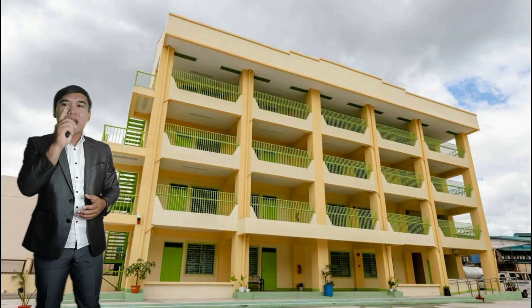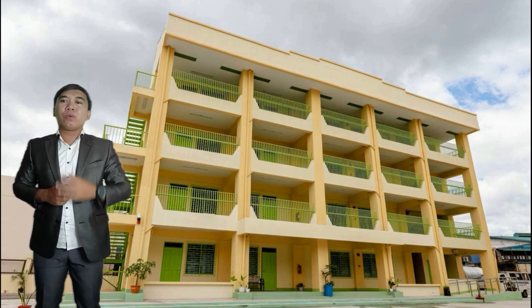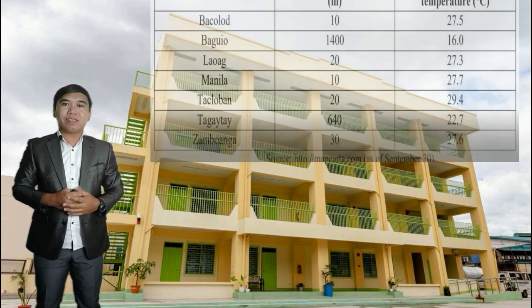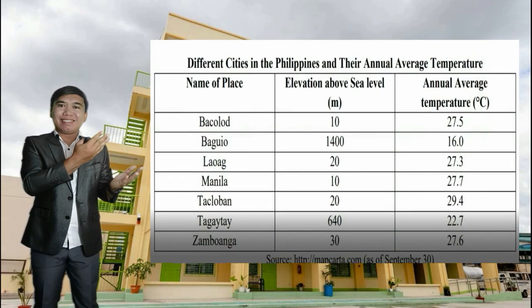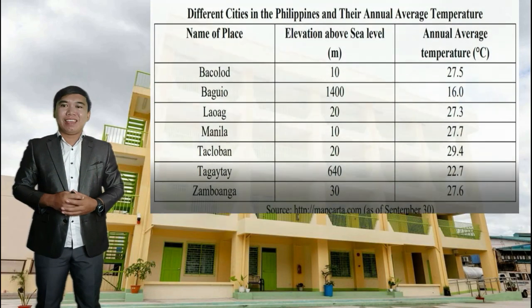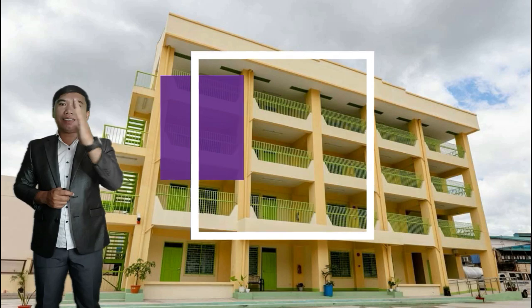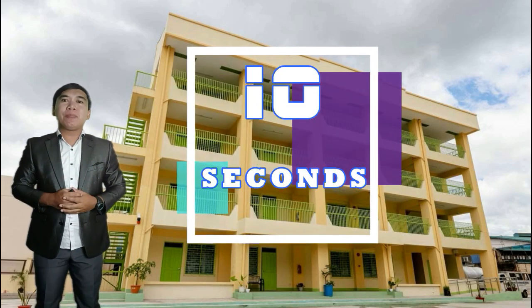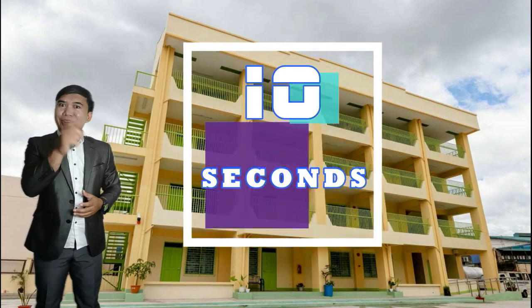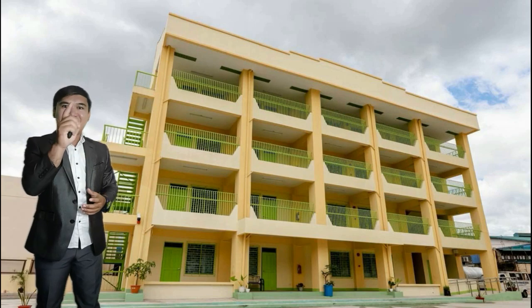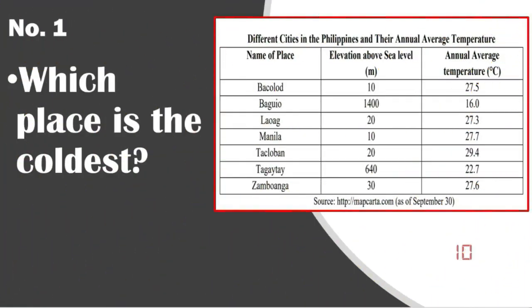Now class, I will ask you 3 questions regarding this table. You will be given 10 seconds to answer the question. Are you ready? Let us start. Number 1. Which place is the coldest?